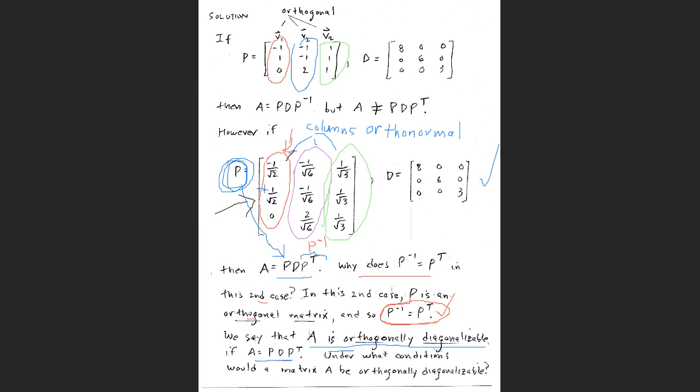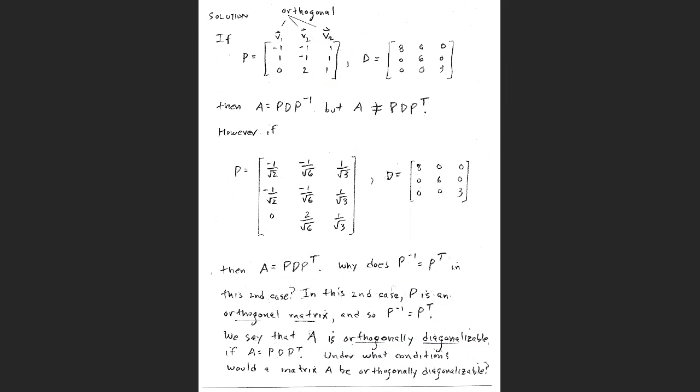If a matrix A is orthogonally diagonalizable, then that's a very convenient factorization to get for a matrix. Okay, but we have to ask ourselves, under what conditions would a matrix A be orthogonally diagonalizable?